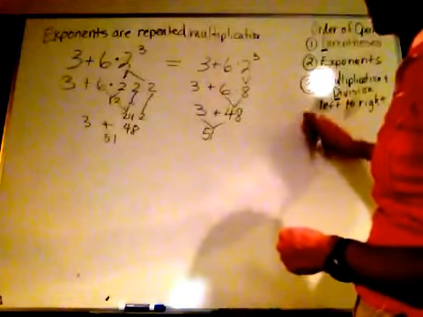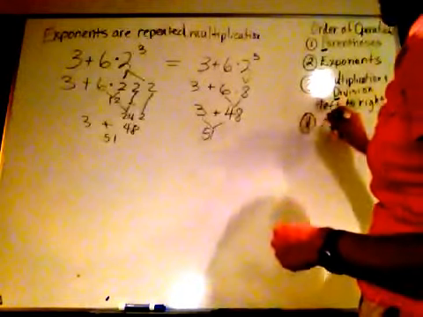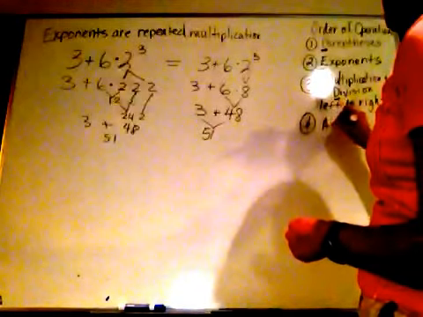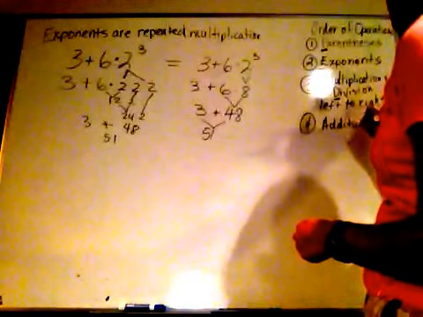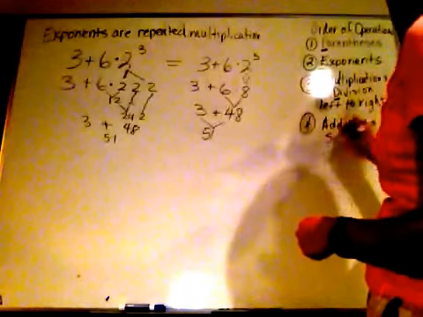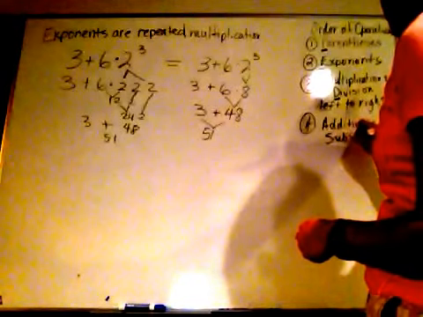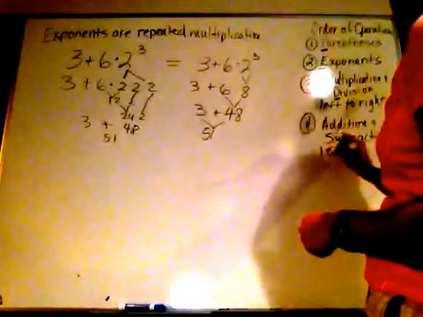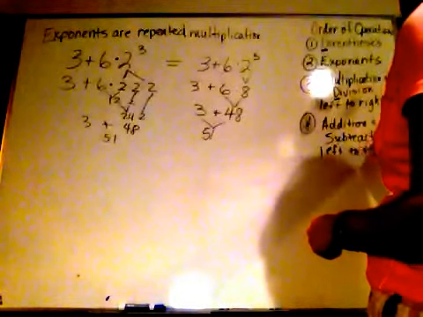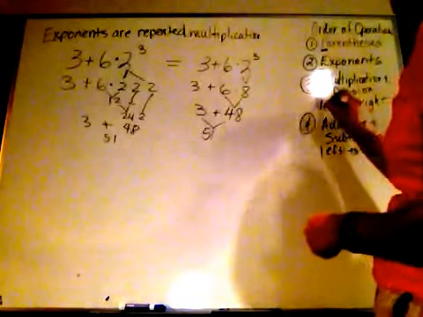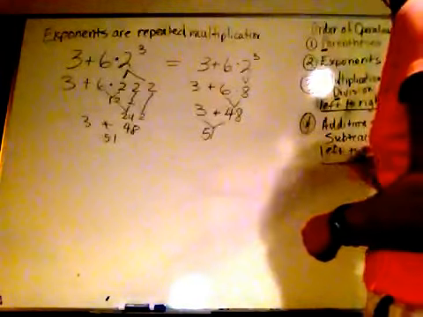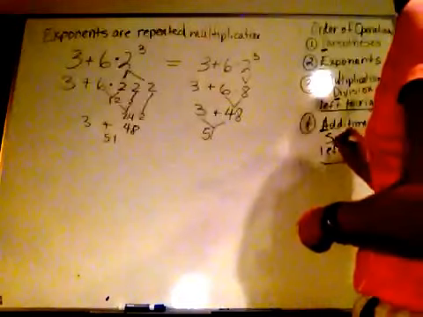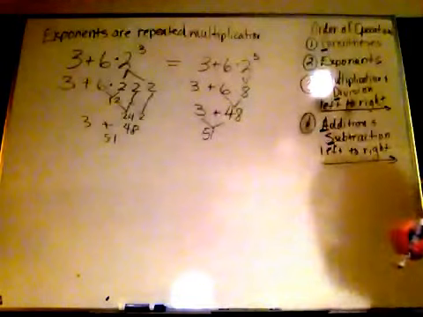And then, number 4 is going to be addition and subtraction. And also that goes from left to right. So we start on the left, move to the right, start on the left, move to the right for multiplication, division, and addition and subtraction.